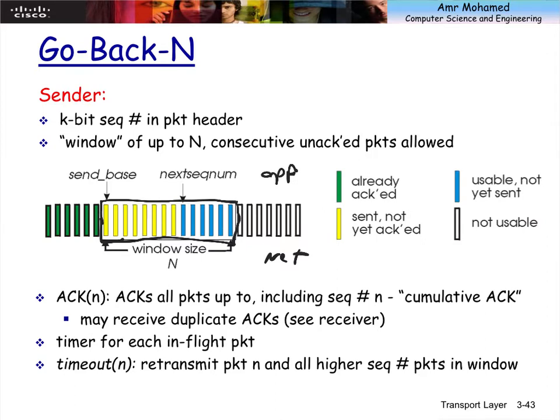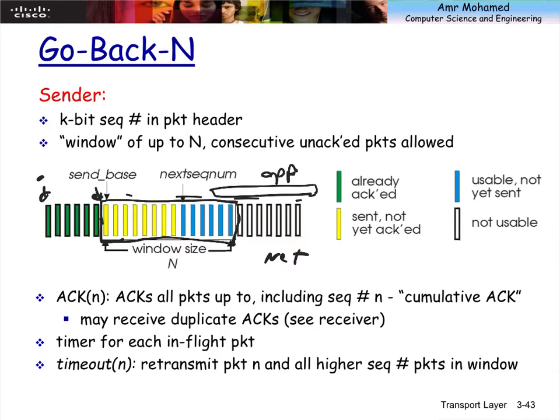From the application we receive the information, like a web page, and then we divide it into segments, and these segments are numbered from 0 all the way to something like 3,000 or 4,000 segments. Then in the transport layer, the transport layer protocol will maintain a virtual box. We call it a window.